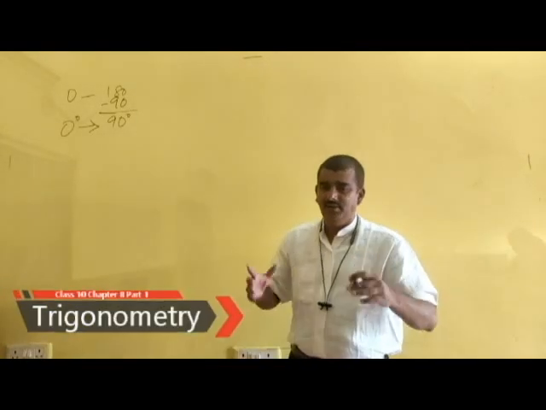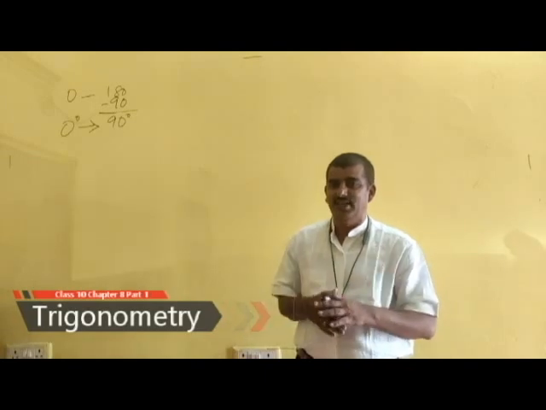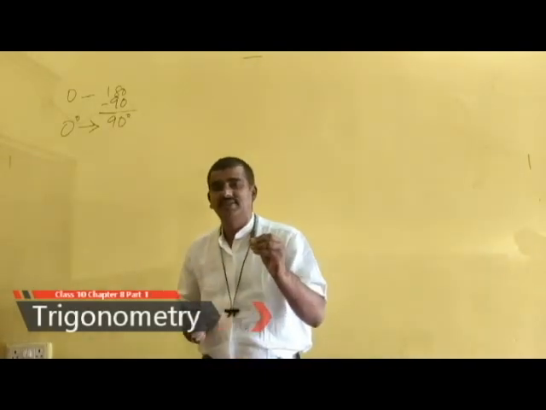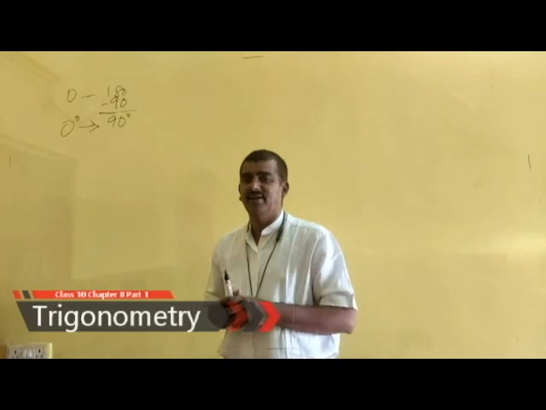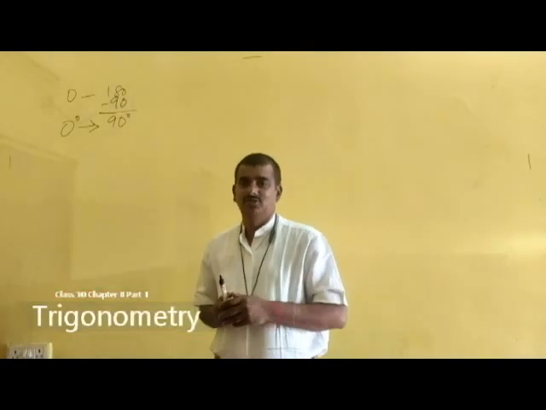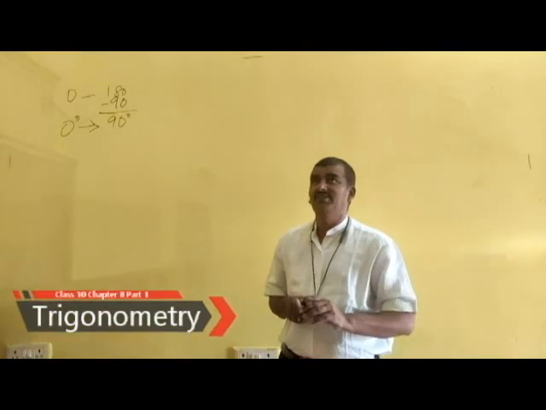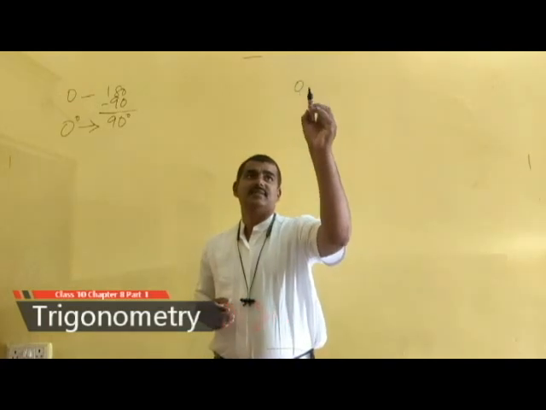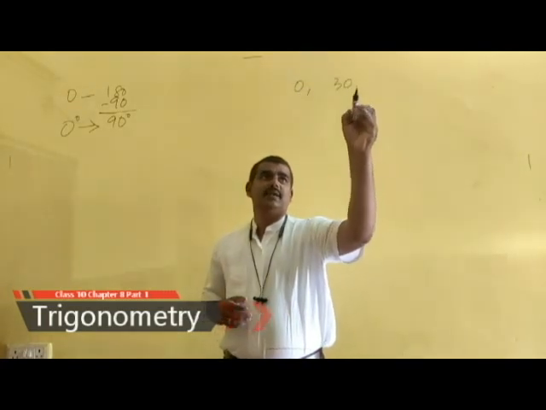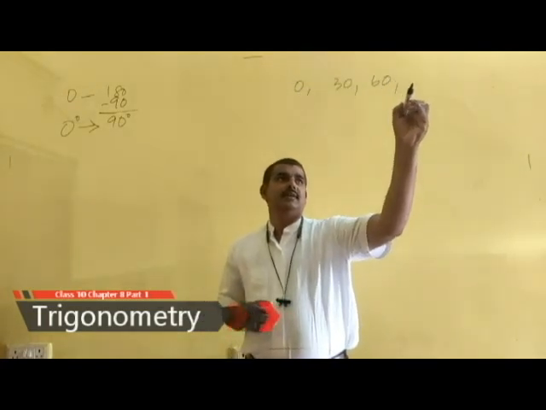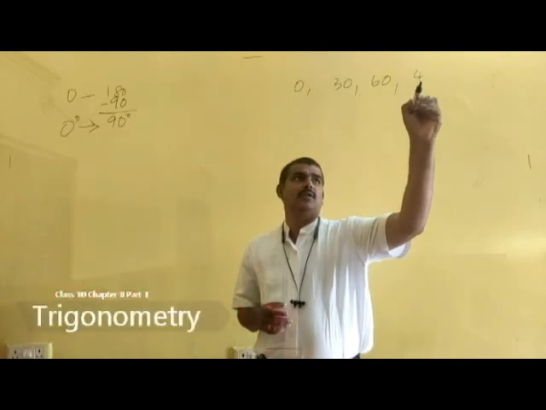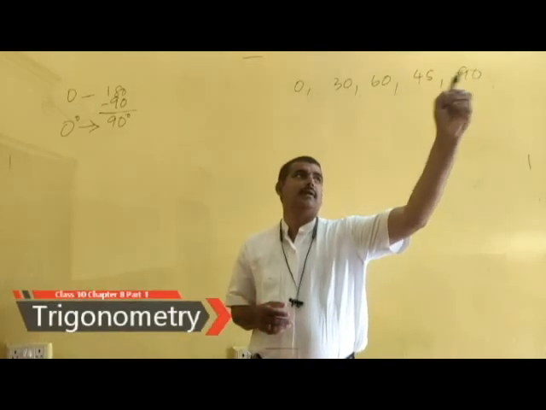Now in this chapter in your syllabus, you have to learn certain specific angles and their values. Those specific angles are 0, then 30, then 60, then 45, then 90.